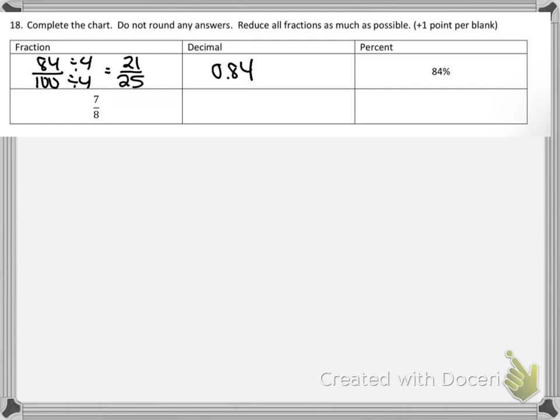Okay, 7/8. So the easiest way to do this is just type 7 divided by 8 into your calculator. It should give you 0.875. If you multiply that by 100%, or just 100, it gives you 87.5%, and that's your answer.